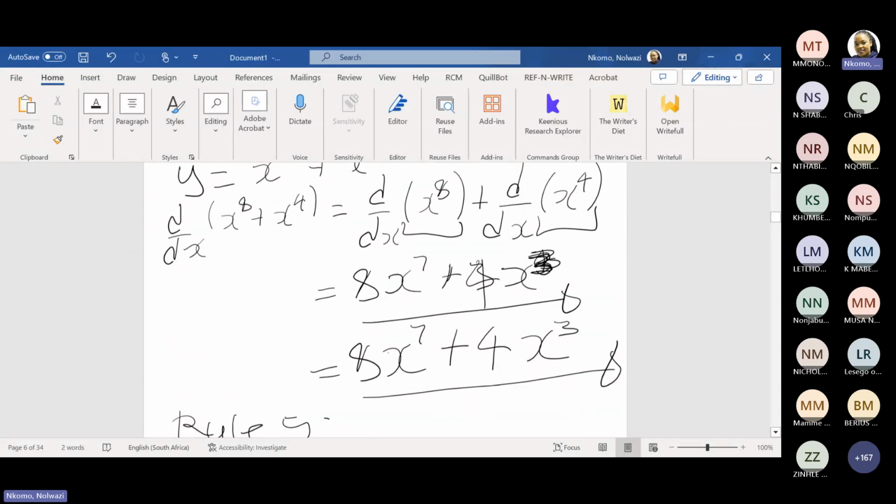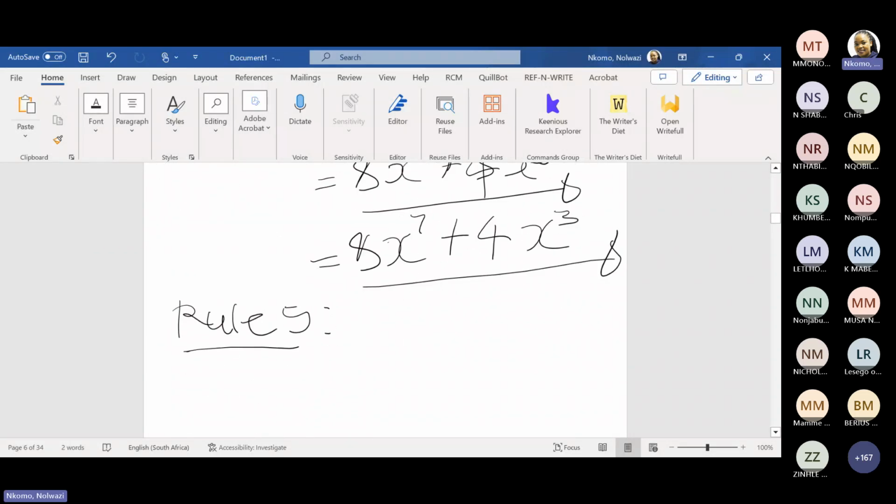All right. Rule 5. I'll call this the difference rule.